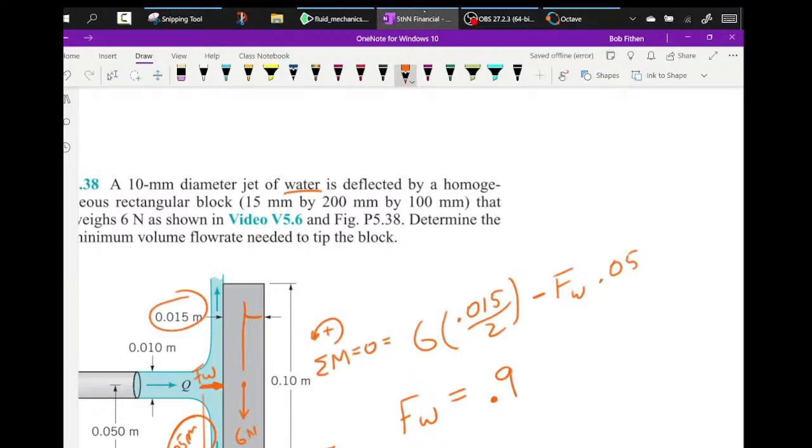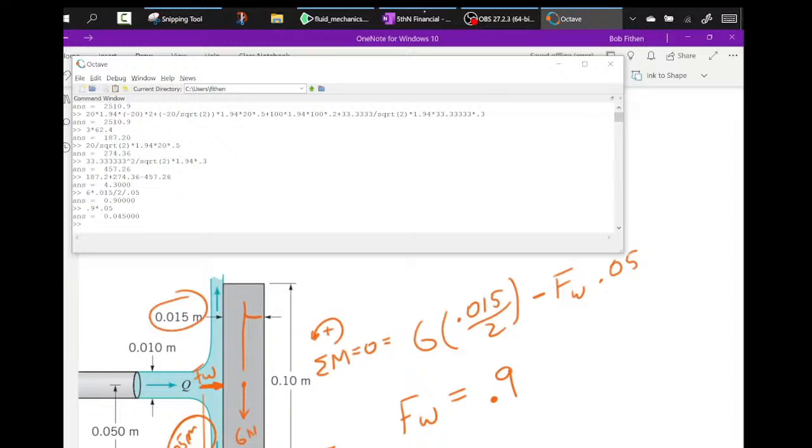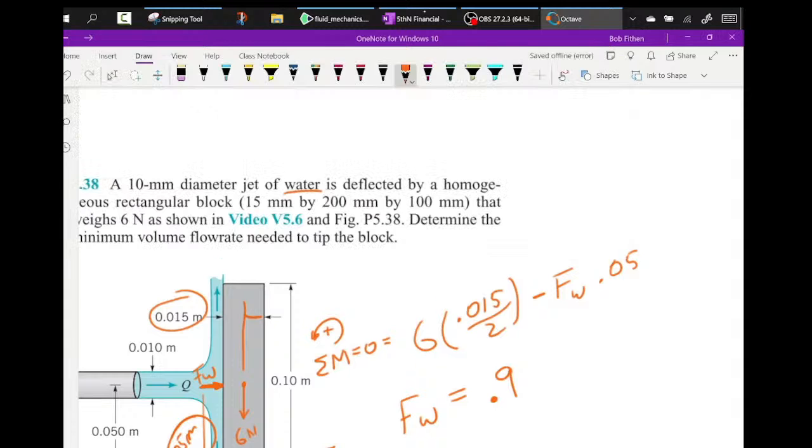Is that right? Times 0.05. Okay. 6 times 0.015 divided by 2. Yeah, that's right.